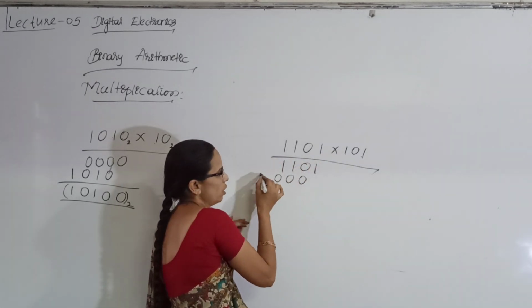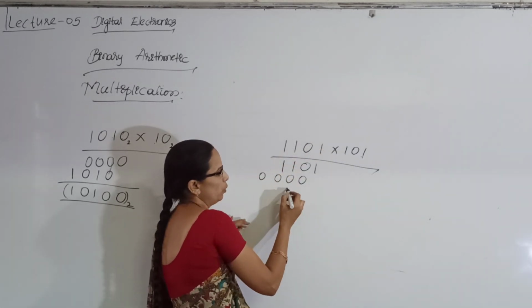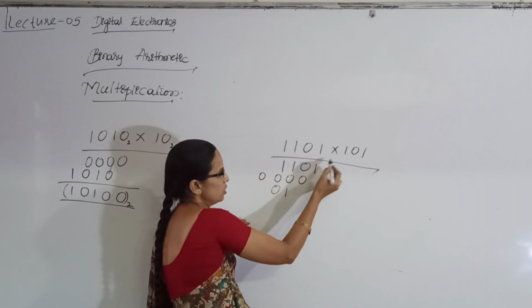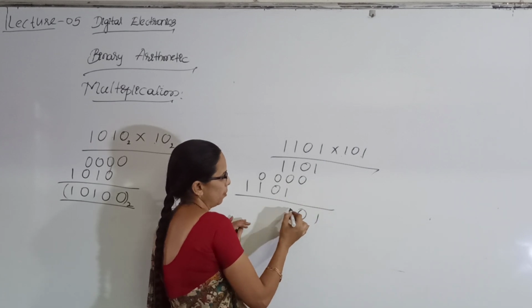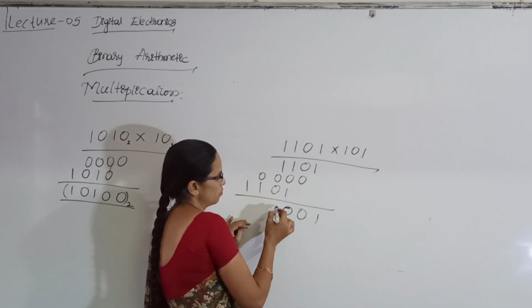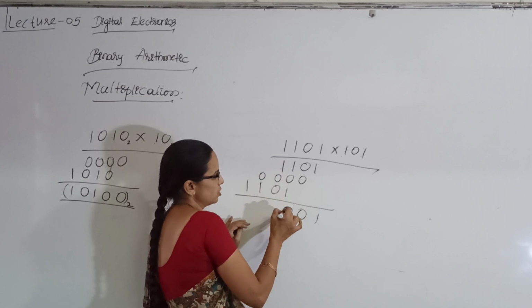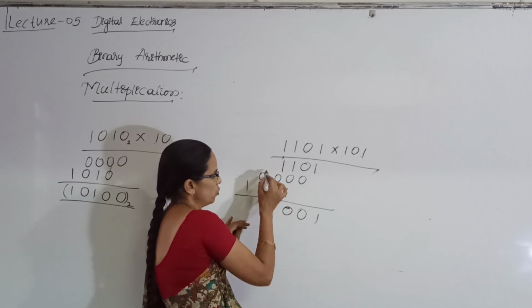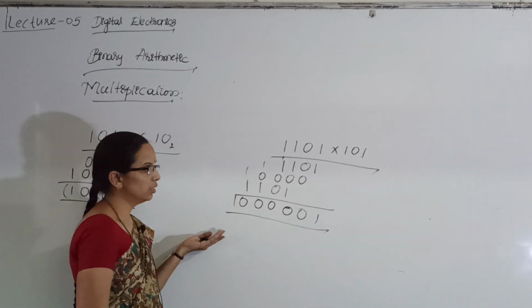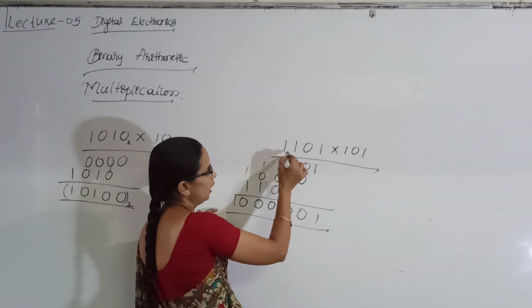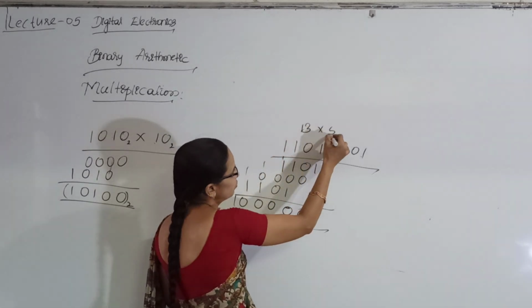Again 4 zeros you have to put. 1 into 1 is 1, 1 into 0 is 0, 1 into 1 is 1, 1 into 1 is 1. 1 plus 1 is 0 with carry 1, 0 with carry 1, 0 with carry 1, 1, 0. If you want, you can convert it, and this is 13 into 5.